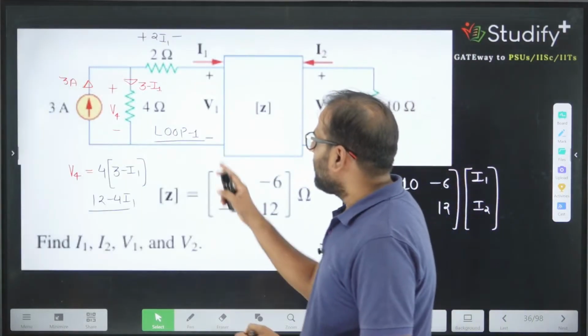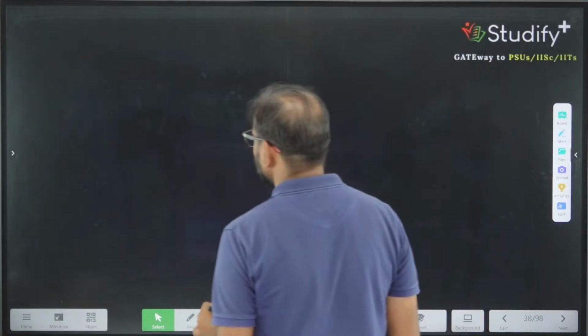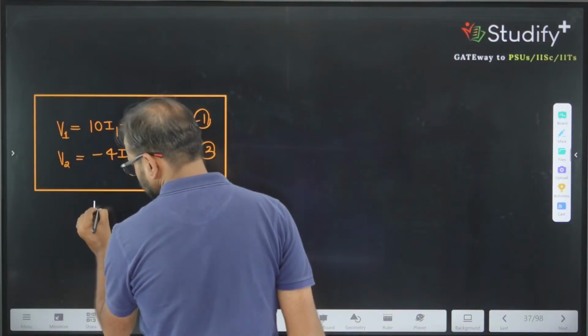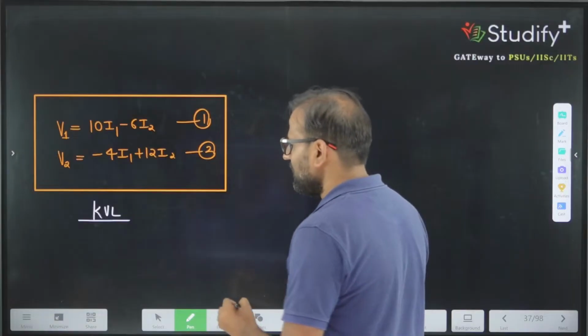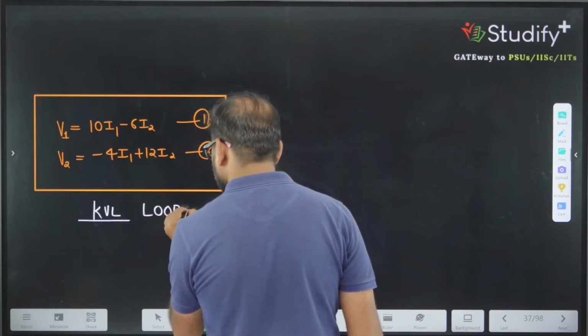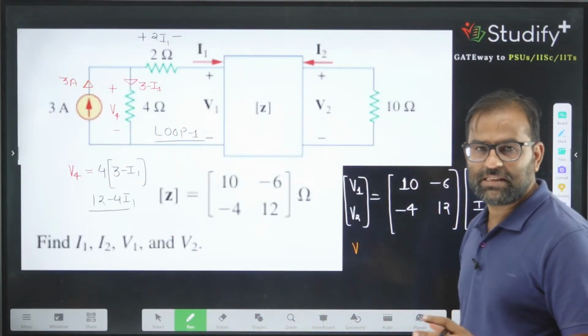This is V4. I am applying KVL in loop number 1. What does this KVL say?